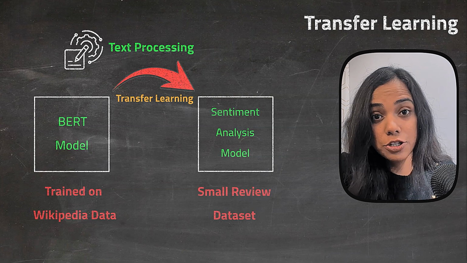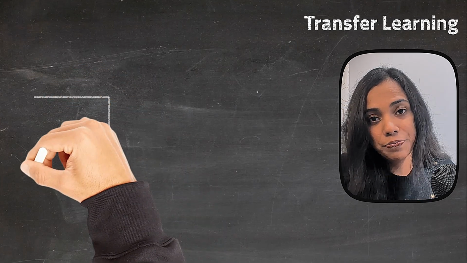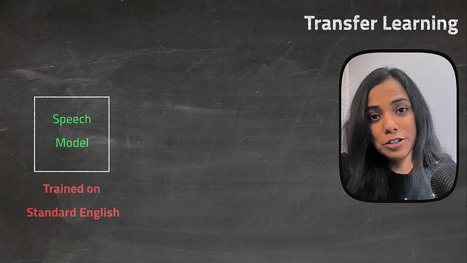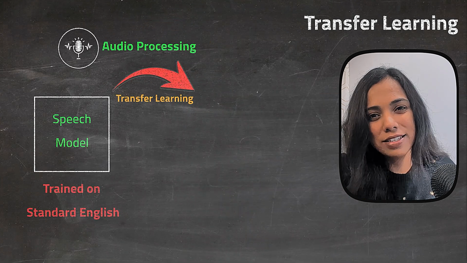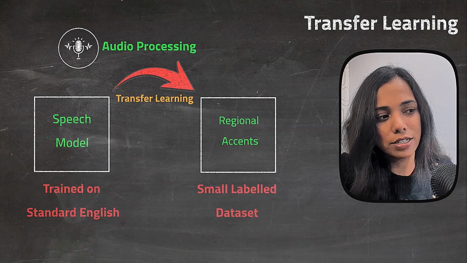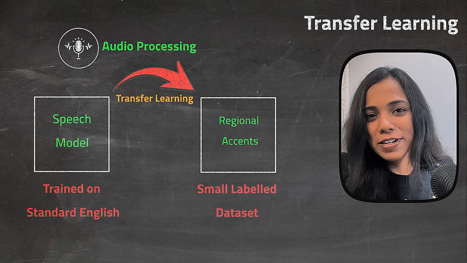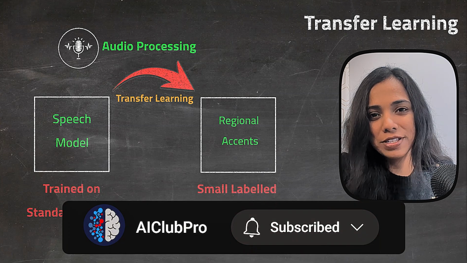Or in case of speech, you could use a voice model that is trained on standard English, and then you want to adapt it to regional accents by fine-tuning on a few hours of labeled data. So, transfer learning is a neat trick that helps with speeding up your training process.